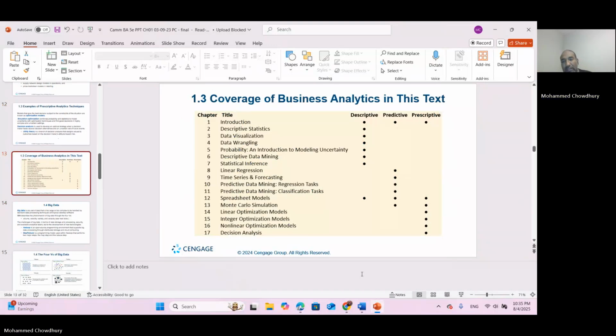Okay. But Business Analytics 1 discusses introduction, descriptive statistics, data visualization, data wrangling, probability, and introduction to modeling uncertainty, descriptive data mining, and statistical inference, such as confidence intervals and tests of hypothesis. Those are the things I discussed. Okay. Now, what is big data?